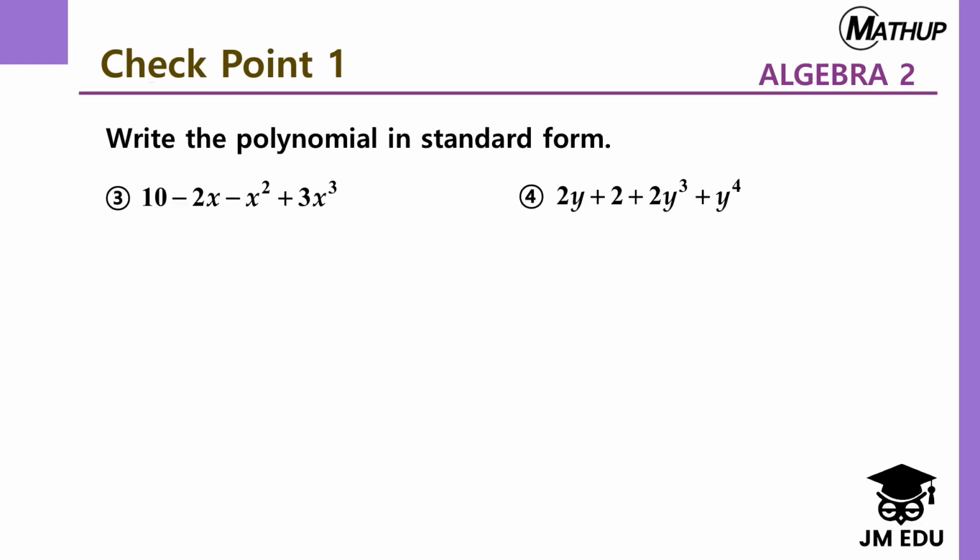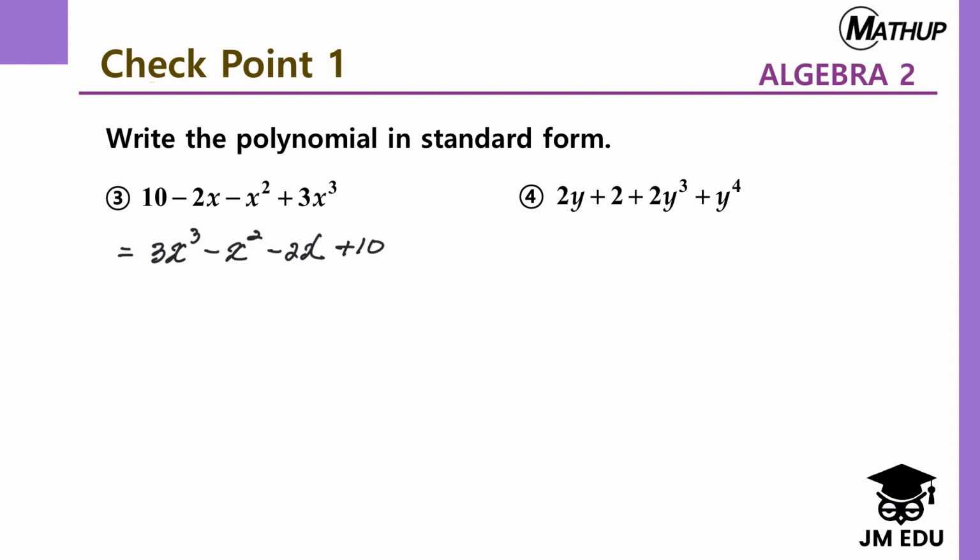Number 3, we have x cubed, x squared, just the x to the power of 1, right? And constant, x to the power of 0, right? So degree 3, 3x cubed, degree 2, minus x squared, degree 1, degree 0. That's the polynomial in standard form.